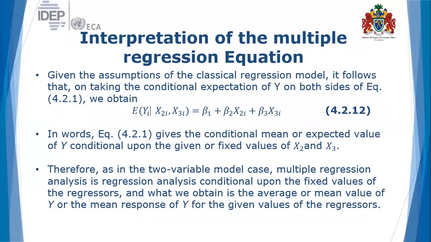Now, how do we interpret the multiple regression equation? Given the assumptions of the classical regression model, on taking the conditional expectation of y on both sides of the equation, we obtain the conditional expectation of y given the values of x2i and x3i, which is equal to beta 1 plus beta 2 x2i plus beta 3 x3i.